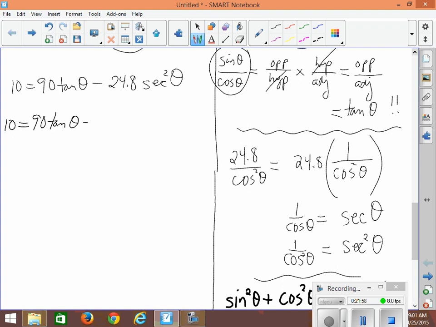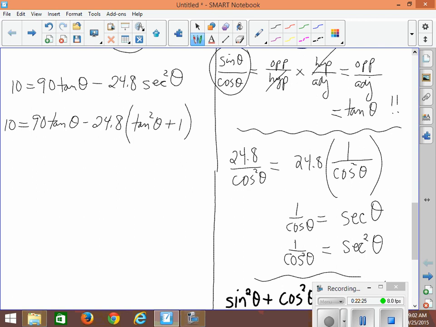And let's use that identity and replace this with tan squared theta plus 1. So we'll put that in brackets and substitute it. Now we've succeeded in creating an equation that only has tan theta in it, or tan squared theta. But that is getting closer and closer to solvable.